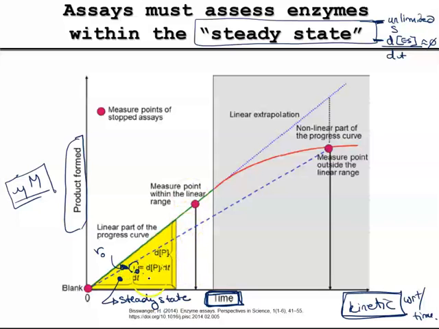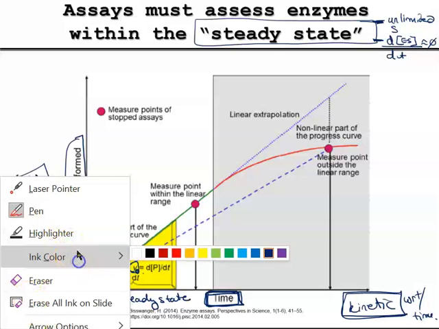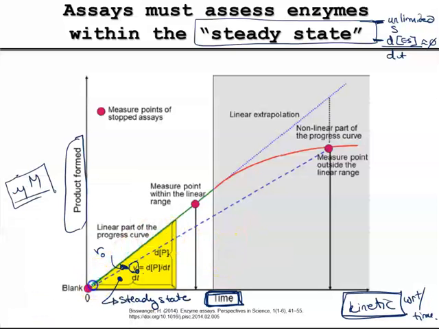Okay. And at this point, we have constant velocity. V naught, initial velocity, is constant over a particular amount of time, but the yellow triangle shows you what is your steady state. You always want to make sure that you're only taking your measurements of enzyme activity in the initial part of the curve, and it's got to be linear.